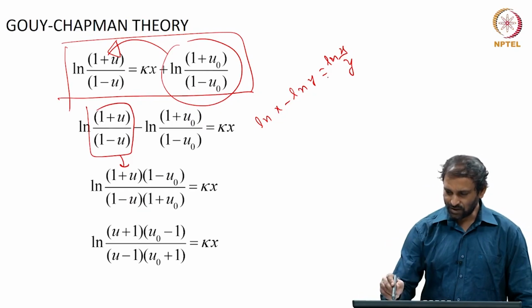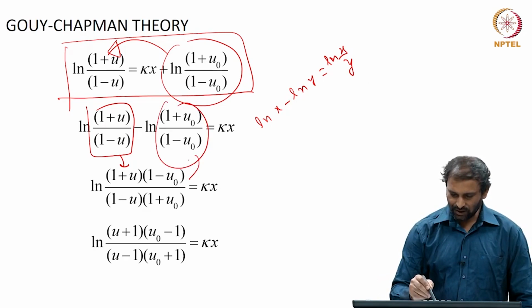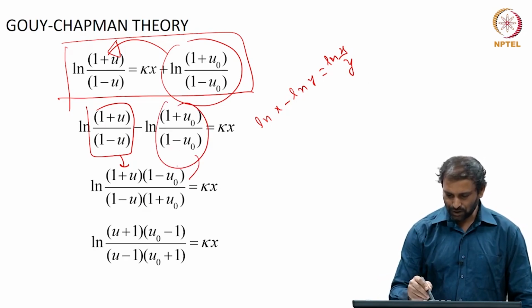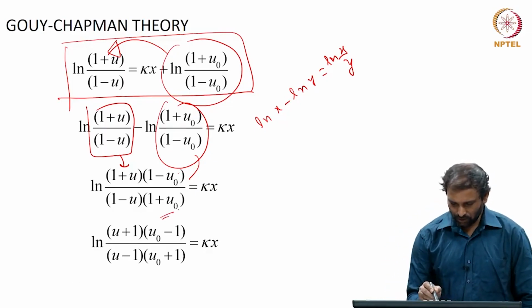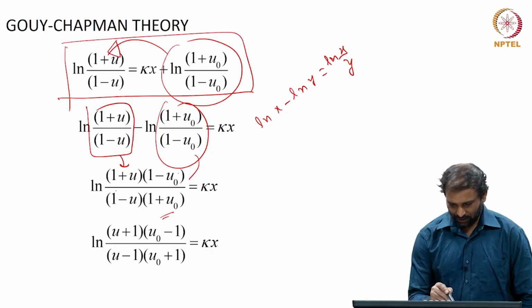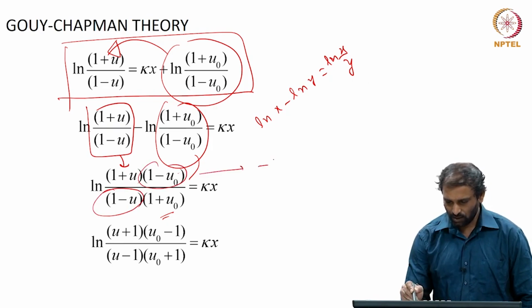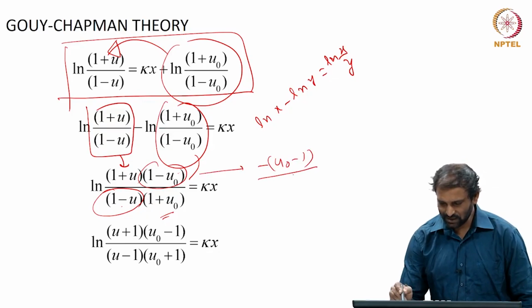As you can notice, 1 minus u is in the numerator and 1 plus u is in the denominator. What we can do here is write this as minus of u naught minus 1, and this as minus of u minus 1.